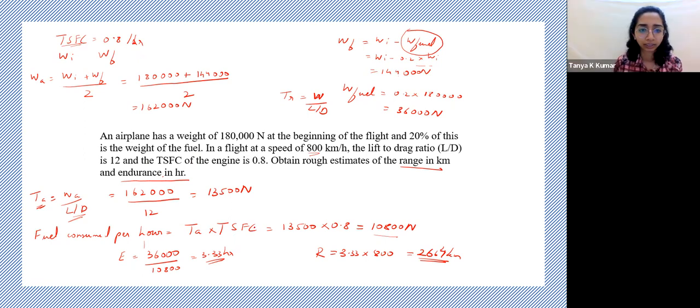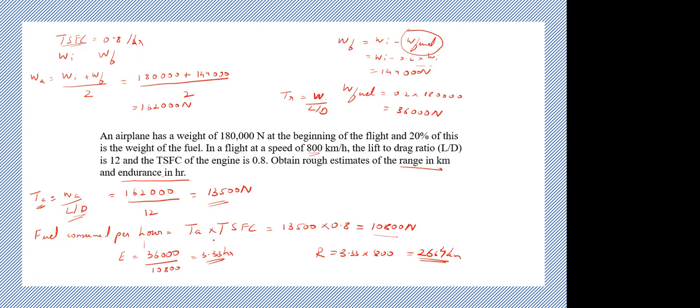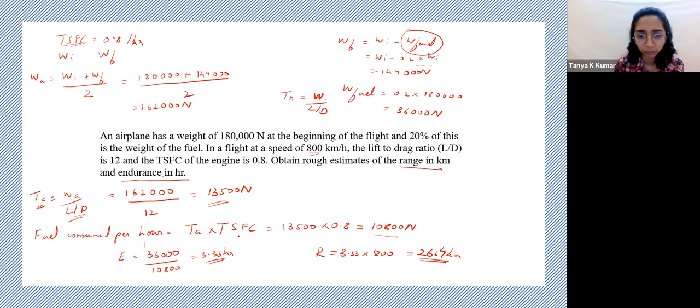Okay, so is this clear? Somebody had asked how did we calculate thrust. I just plugged in the average weight. Thrust is weight by L by D. Clear. So when the specific fuel consumption is given, you just multiply it with the thrust to see how much fuel is consumed per hour.